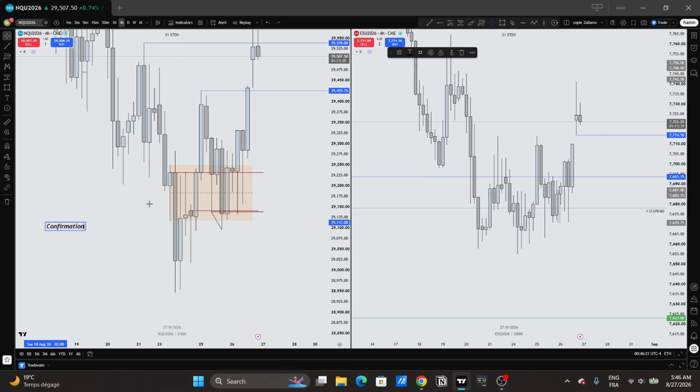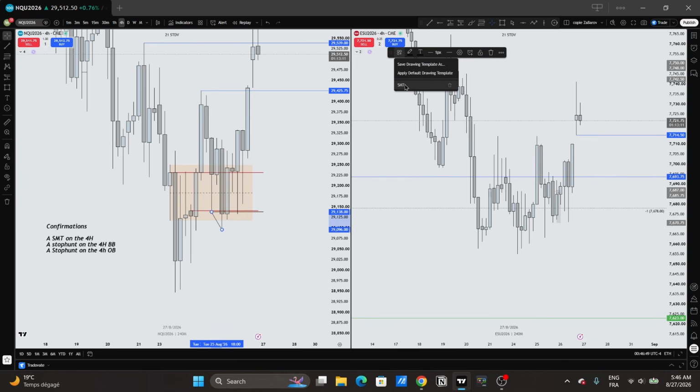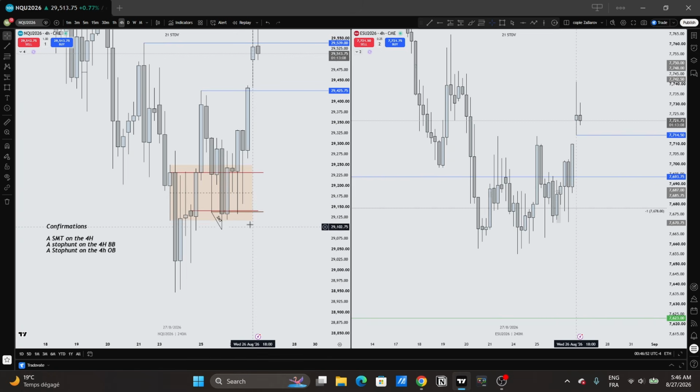The confirmations that we had were an SMT on the 4-hour, a stop hand on the 4-hour breaker block, a stop hand on the 4-hour order block. So you can see here these 3 confirmations gave me all the reasons to look for longs after we swept this low and made this new low.